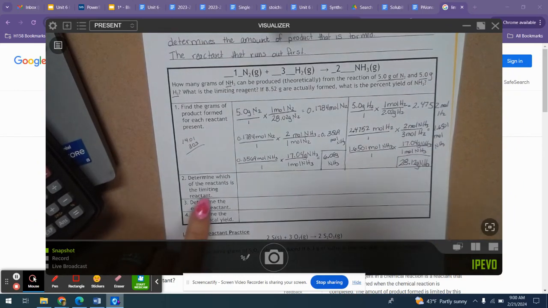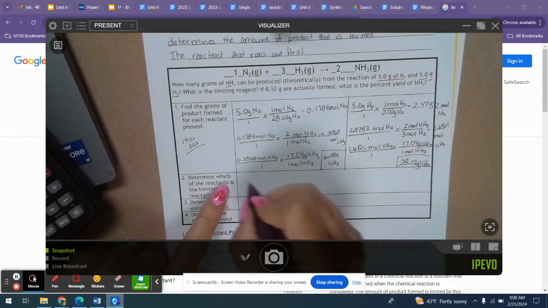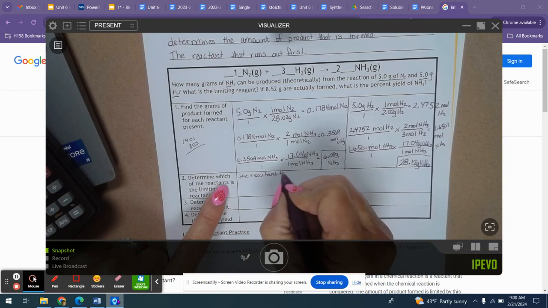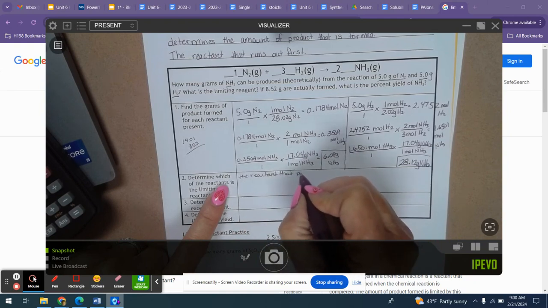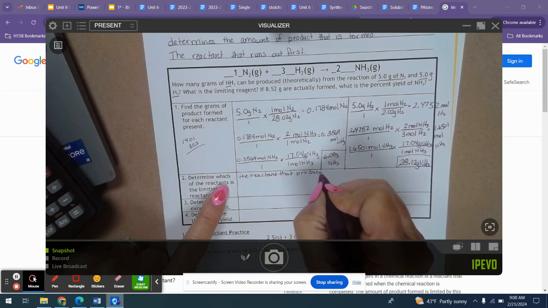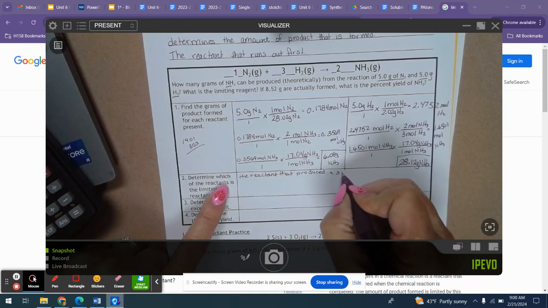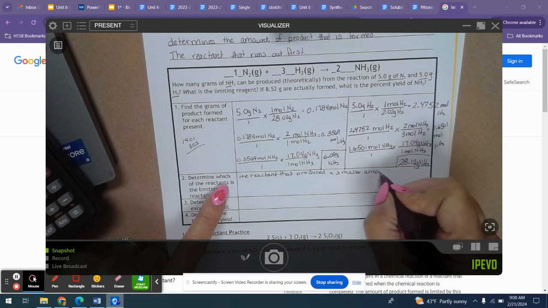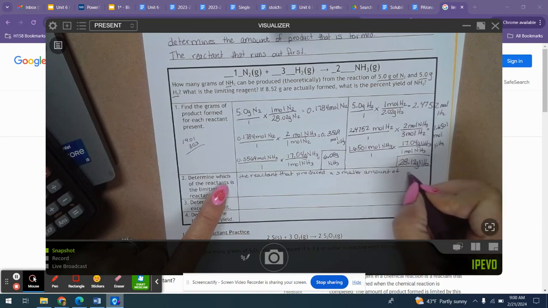The limiting reactant is the reactant that produced a smaller amount of product.